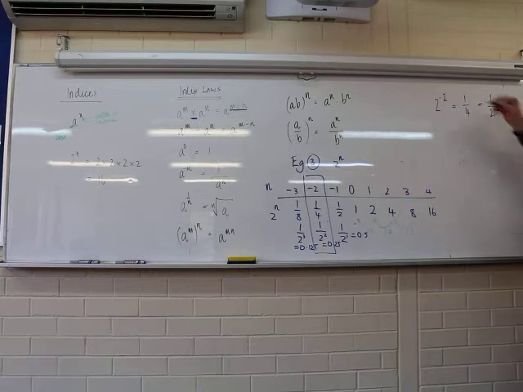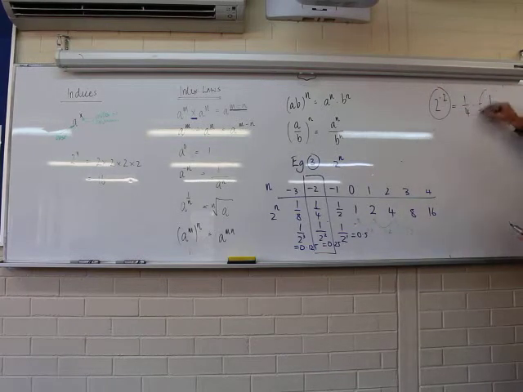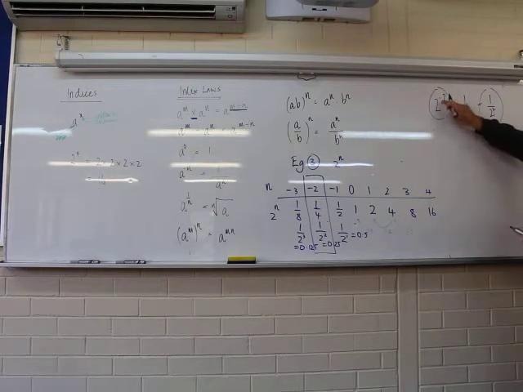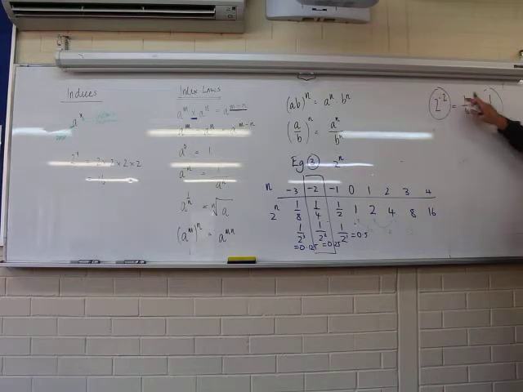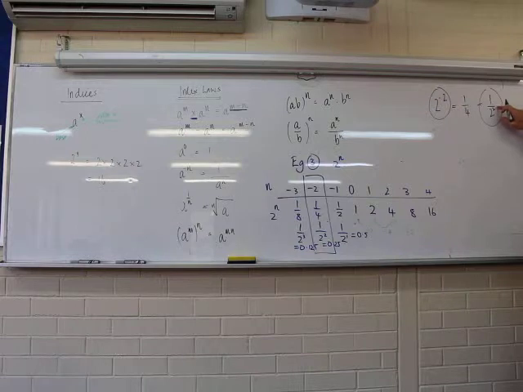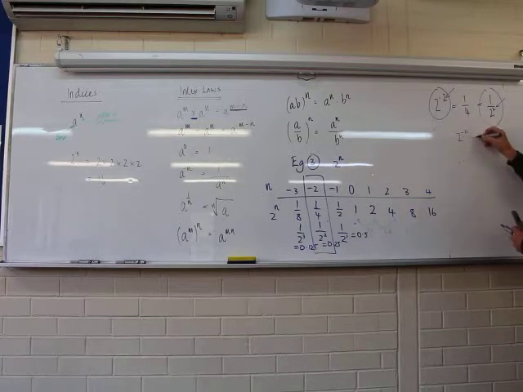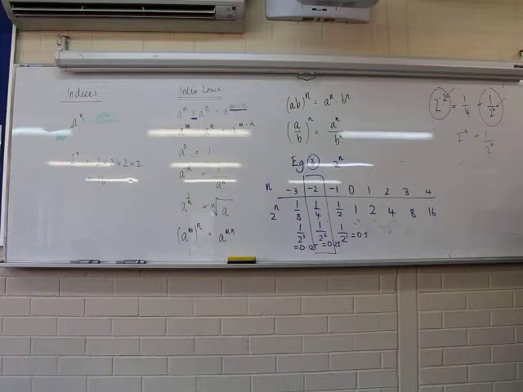So can you see how from here and here, something raised to a negative power is equal to 1 over that thing raised to a positive power. Replace the 2 here and the 2 here with n. 2 to the minus n equals 1 over 2 to the n. Write that in a more general way, a to the negative n equals 1 over a to the n.